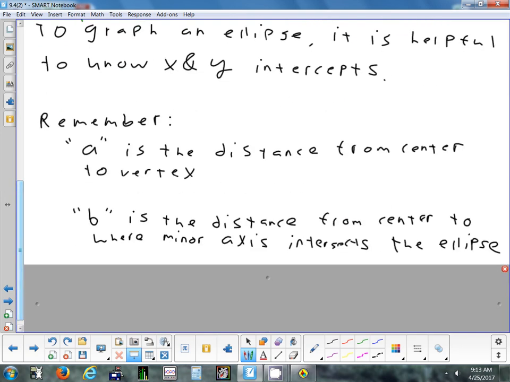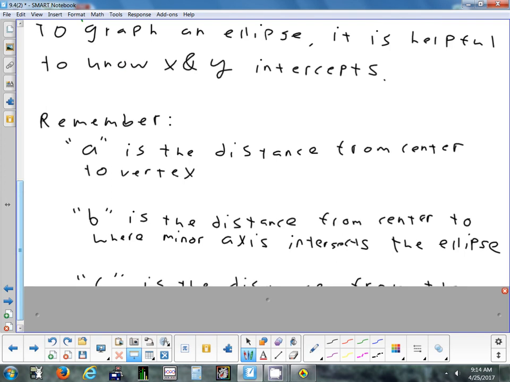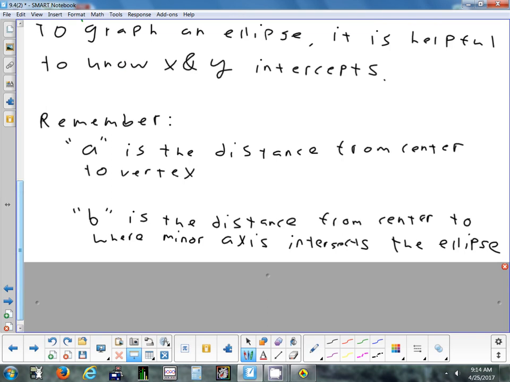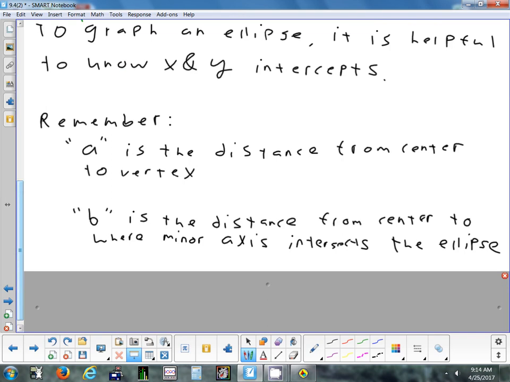B is the distance from the center to where the minor axis crosses the ellipse. And C is the distance from the center to the focus.